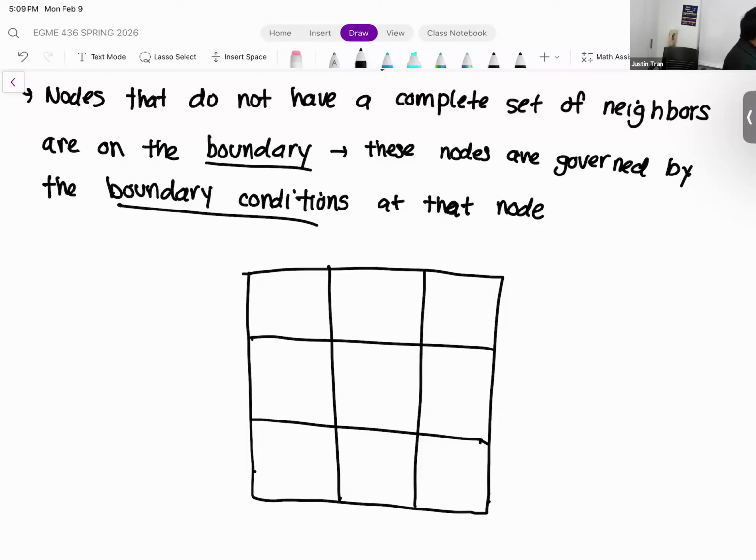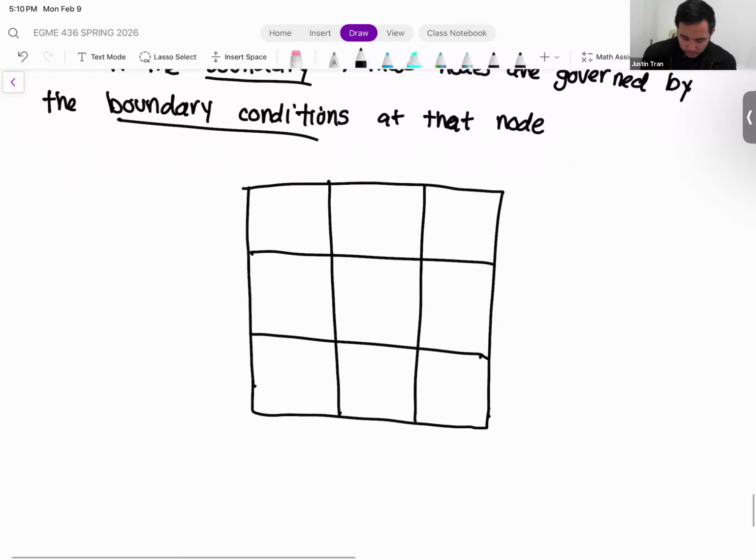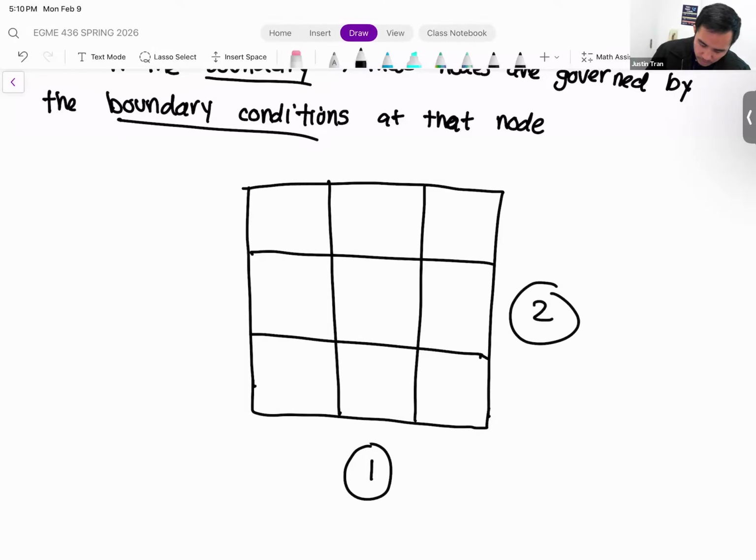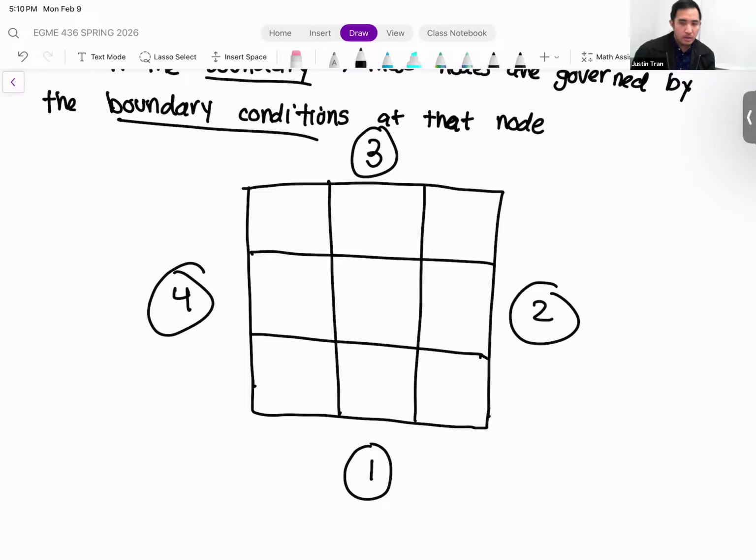In addition to a grid with numbers that you'll see in the homeworks, another thing you'll be given in these problems is a boundary condition on each of the different edges of the domain, okay? And so, in a very simple case, we'll have 4 boundary conditions, one for each side of the domain.